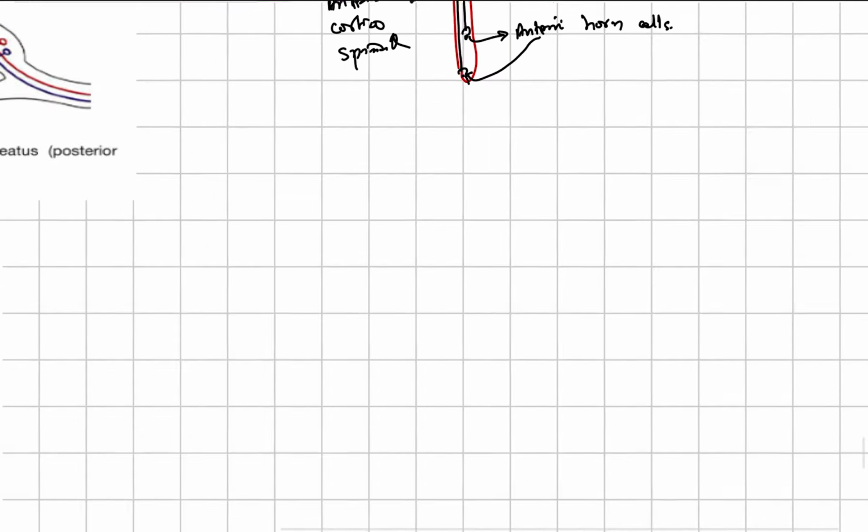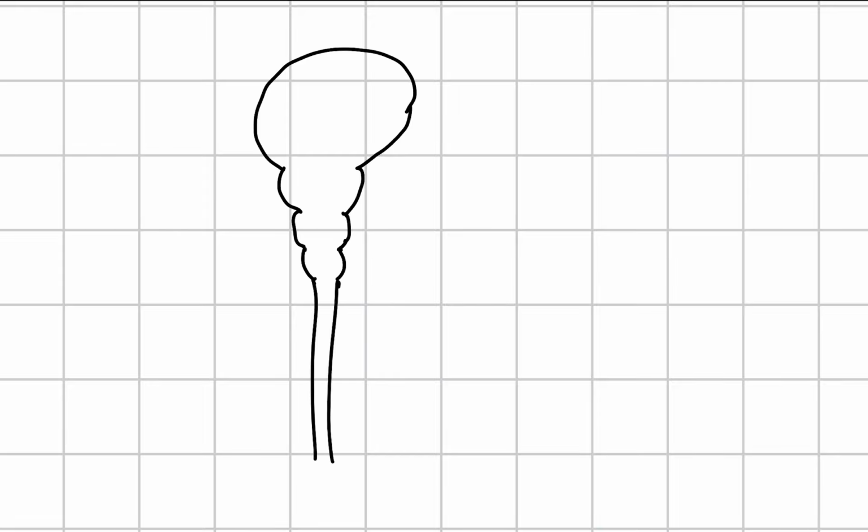And now we are moving on to the rubrospinal tract. For the rubrospinal tract, here is the midbrain, pons, medulla, and here is the cerebellum. In the midbrain there is a red nucleus, and it comes down, and its location is the lateral white column.